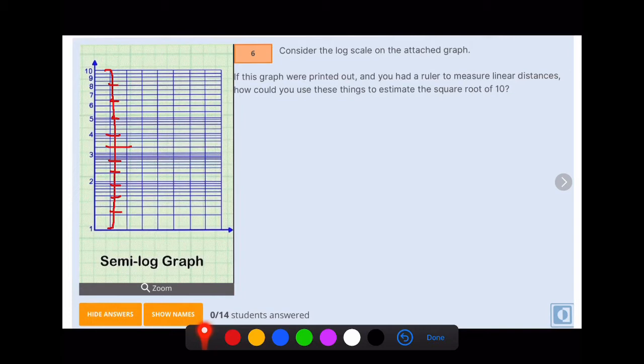And this particular question says, how could you use this little trick of log scales? The exponent as a distance is matched to a number written on a scale. Well, what is a square root as an exponent? Well, it's 1/2.